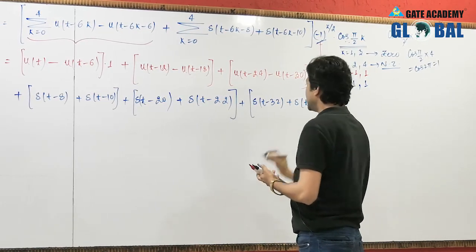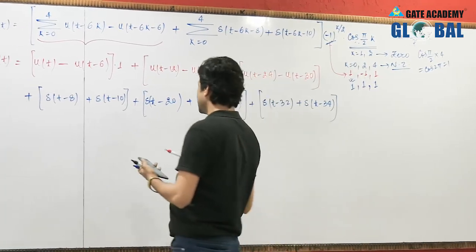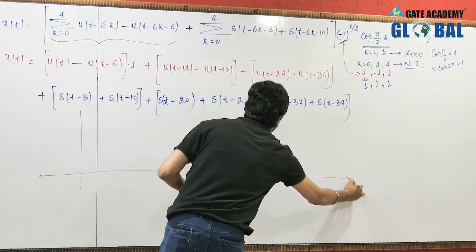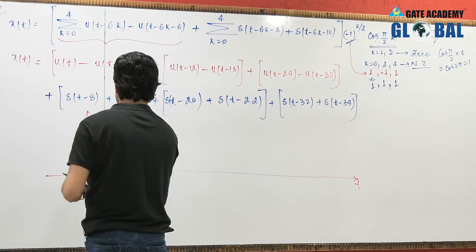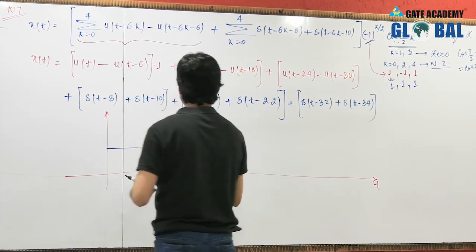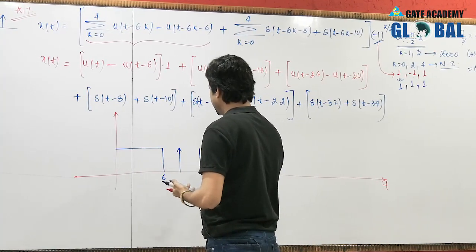Now if you have to plot this signal, you can plot it like this. Here is the signal x of t with such values. There is a gate function from 0 to 6 seconds, then there are impulses at 8 and 10.